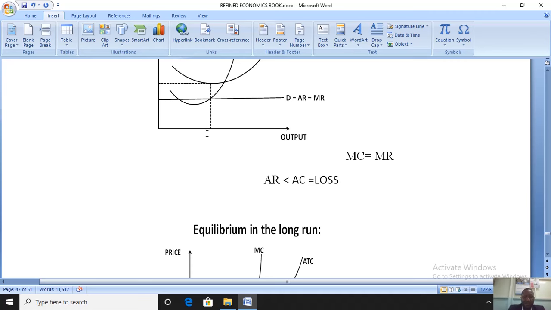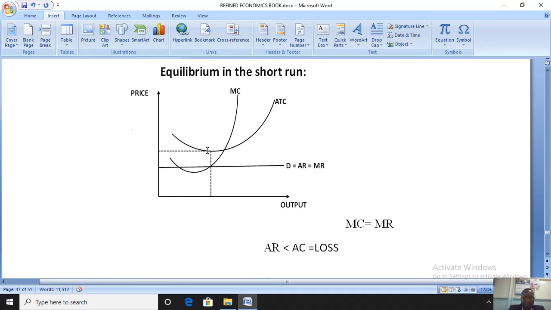If at the profit maximization level of output our average revenue is less than our average cost, it means that the firm is making losses. So let's look at our profit maximization point once again. That's the point where MC equals MR. So if this is the point of profit maximization, along this level of output, we see that the ATC is above the AR. ATC is above the AR, so the firm is making losses.